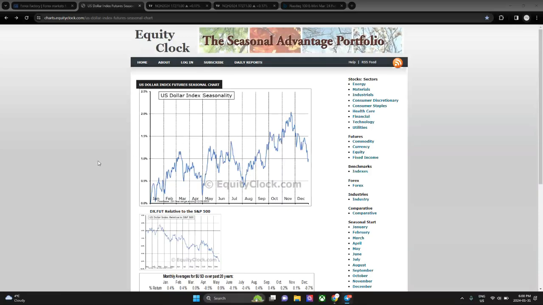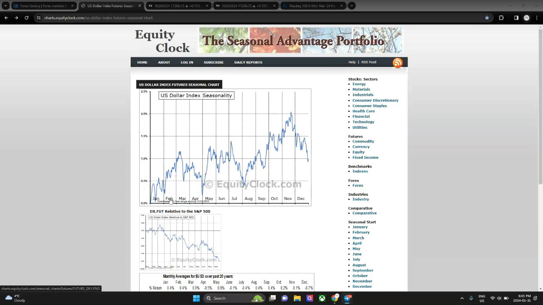So in regard to any index, whether it's the S&P 500 or the Nasdaq, I still use the US dollar, right? The reason why I use the US dollar is because it gives me a better reading for price than using the actual seasonal tendency. I do use them, but just secondhand, right?